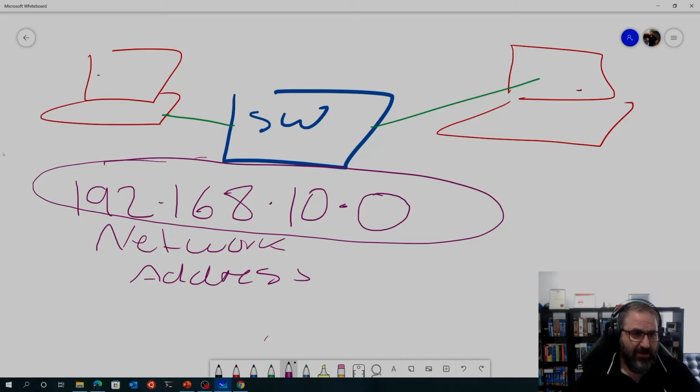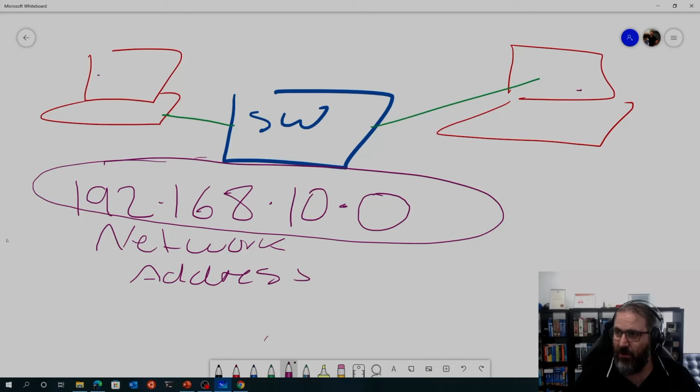It's like going to your street, and your street might be Smith Street. If I don't put the number in front of Smith Street, well, it's not really going to happen in real life, but that's like sending a letter to everyone in the whole street. Not a really good example, but hopefully you understand what I'm trying to say there. So that's the network address.